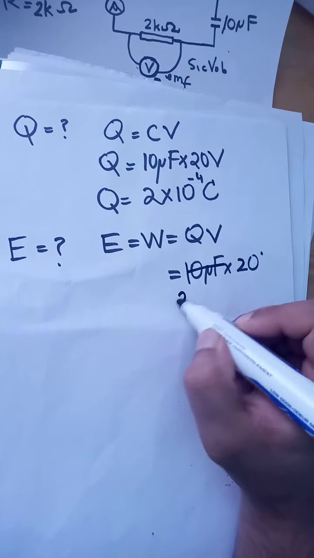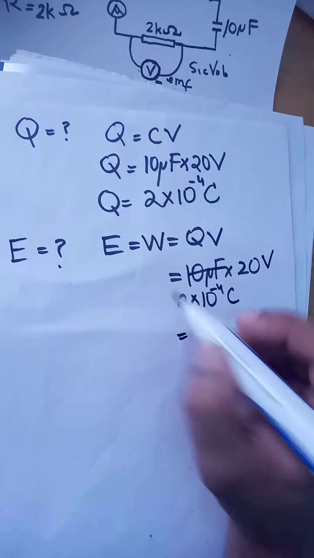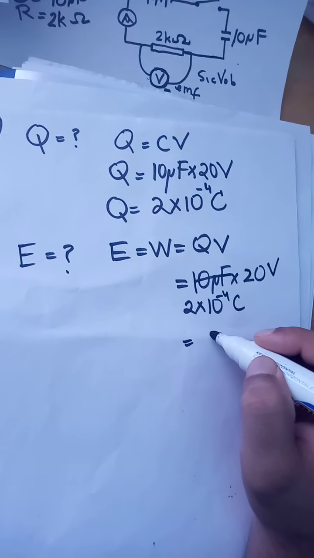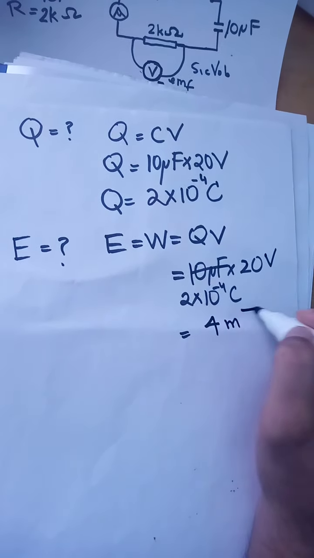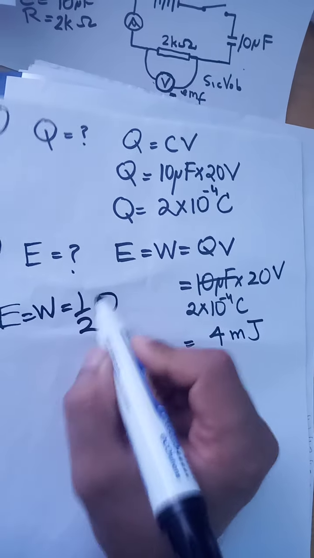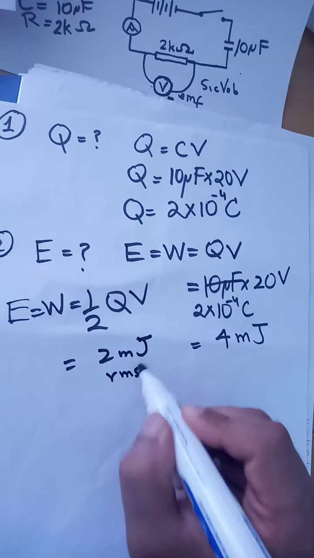QV would be that times 20 volts. That would be 4 millijoules. Now, according to the theorem, it should be half QV, so that would be 2 millijoules average RMS.